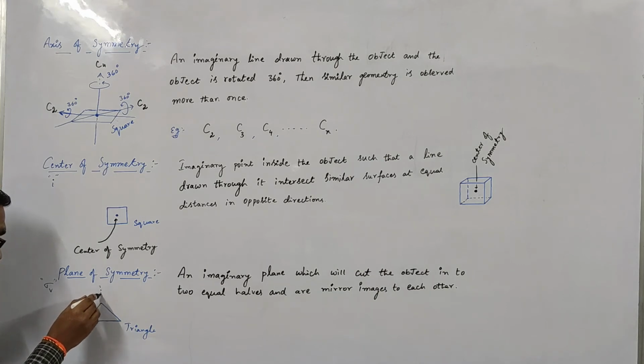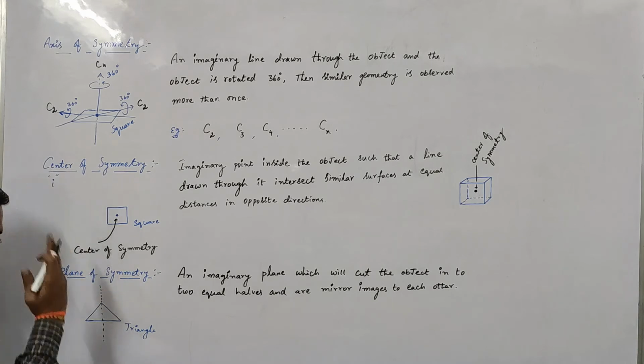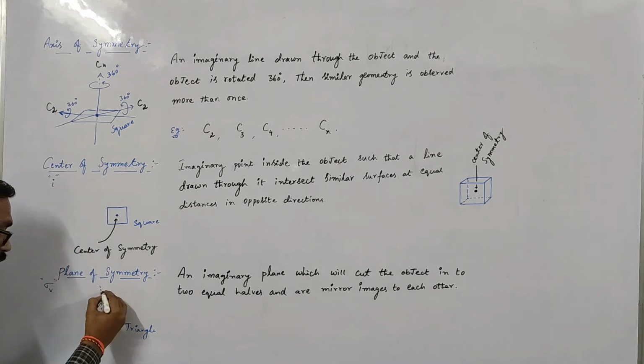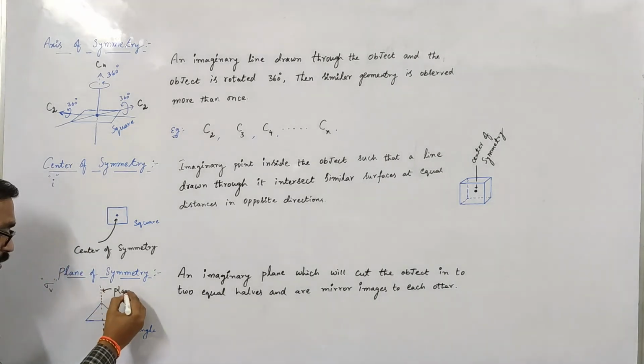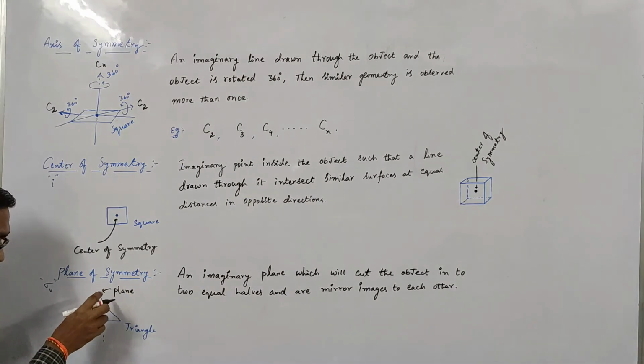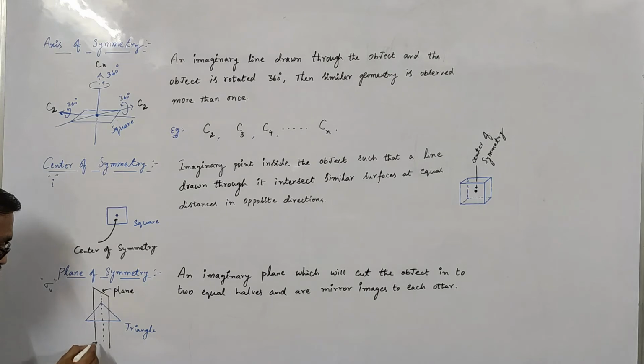I am assuming a plane passing through it in this way. Then I call that a plane of symmetry. Don't consider this as a line. Consider this as a plane. Is it understandable?